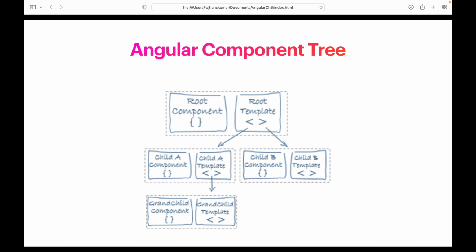Inside that it will have a child component, and the child component will automatically have its own template, or we can say HTML file. In the same way we can have multiple components, and for that child component we can also have a grandchild component. So this is a root, tree kind of structure.